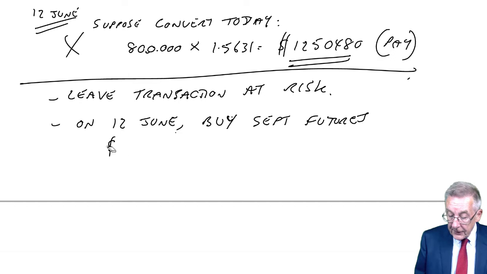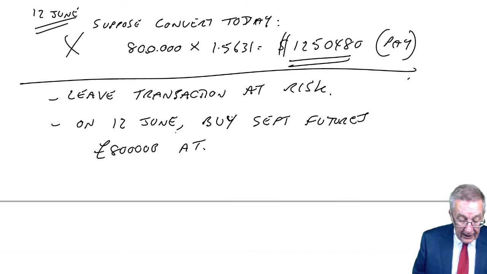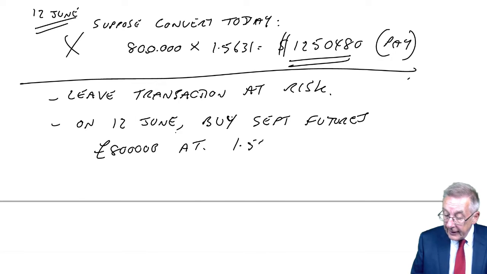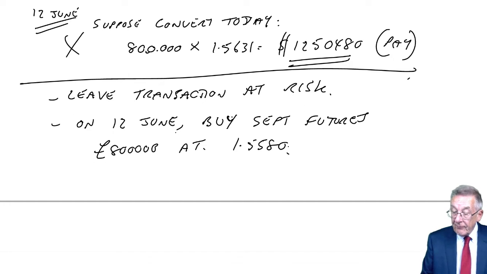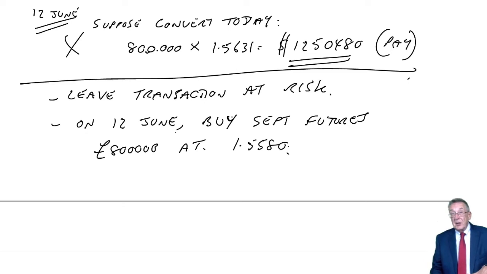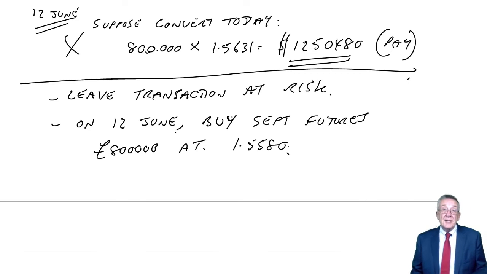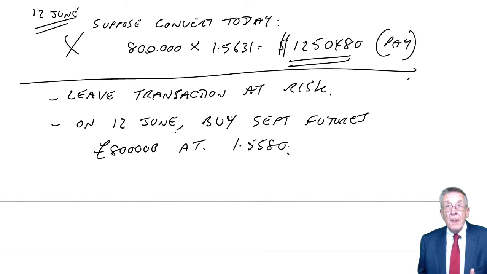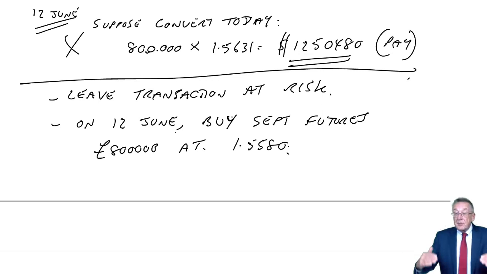Oh, I keep writing the wrong side. It's £800,000 at risk. At today's price is 1.5580. Now, futures prices are different from spot prices. Remember, the futures price is the right to convert on a future date. But spot and futures prices do go up and down together.